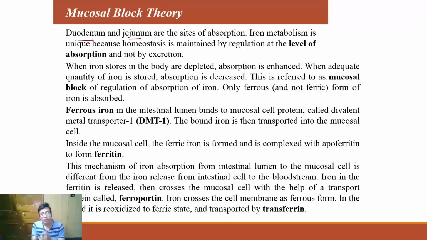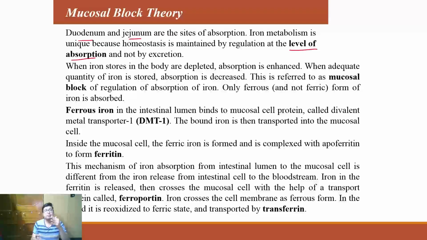You saw that most are regulated by the kidney, and their excretion will either be controlled or they will be reabsorbed depending on the deficiency or excess. Iron is an exception, because it is not controlled at the level of excretion, it is controlled at the level of absorption. Right at the gate it is controlled.